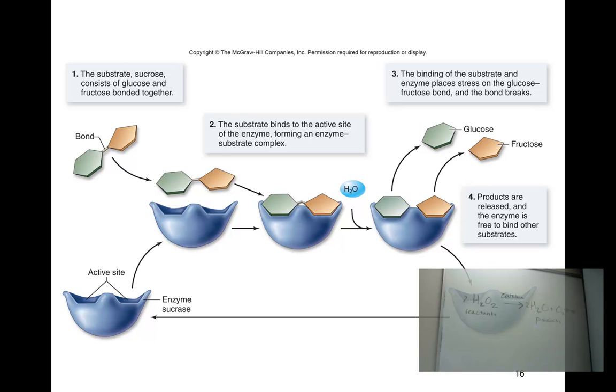Once they break, they are released, and now you have a glucose and a fructose, and the enzyme is back to its original shape. Where they bind is called the active site. When they are bound together, what is it called? Enzyme substrate complex. Yes.